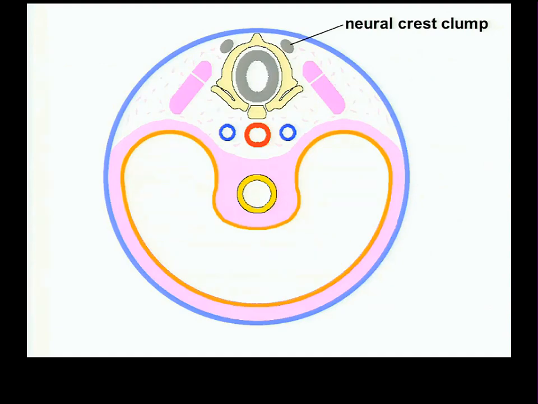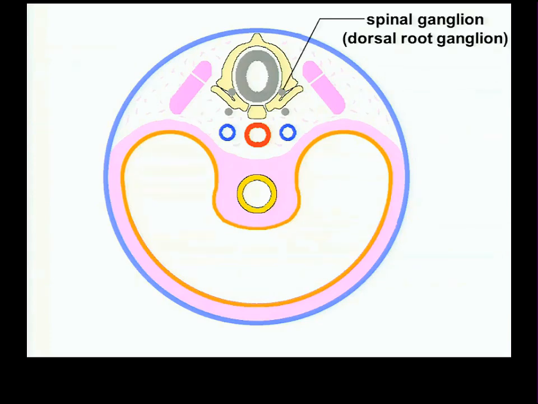At each segmental level, the neural crest clump starts to migrate ventrally, and it splits as it does so. The two clumps on either side for each segment continue the ventral migration, and one takes up a position in the space between the pedicles of adjacent vertebrae, and that is the spinal or dorsal root ganglion, which medical students saw in dissection.